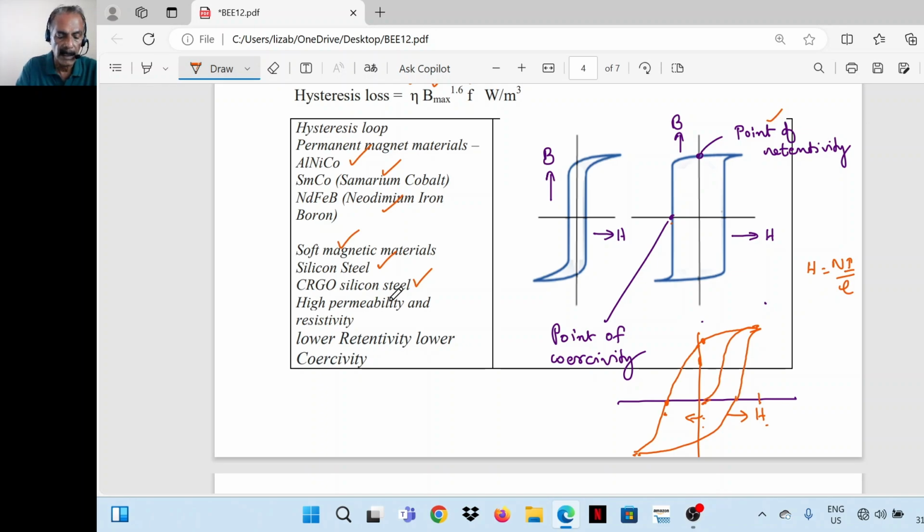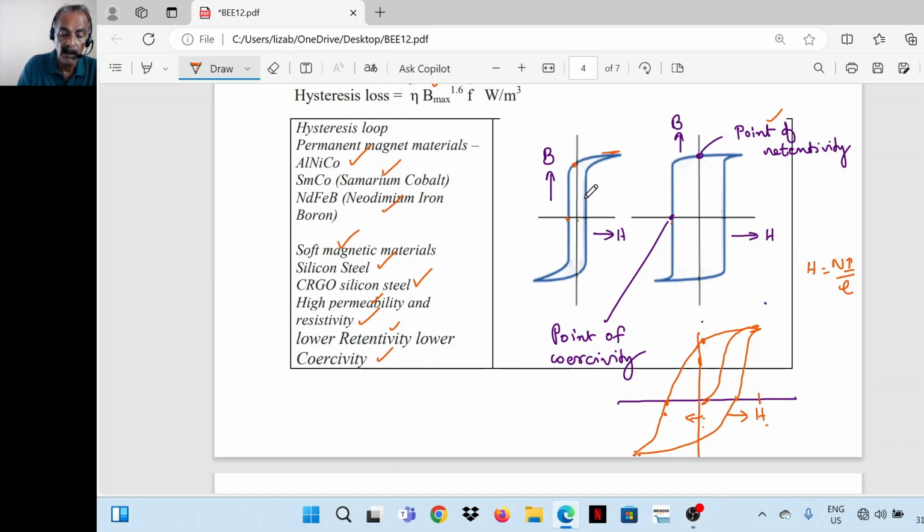Their advantages are high permeability and resistivity, then lower retentivity and lower coercivity. That is, the loop will be thin. When the magnetizing force is reduced to zero from the saturation value, the flux density comes down to a lower level, so lower retentivity.